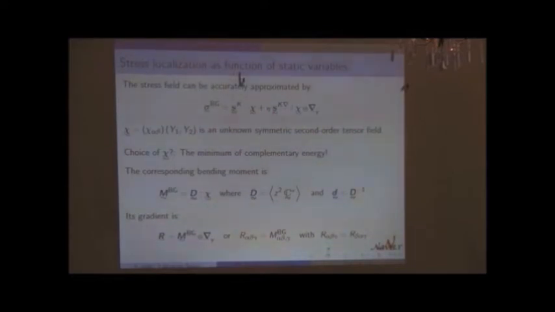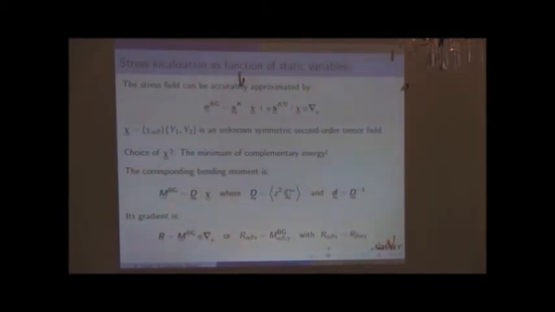Otherwise there is no hope this will be compatible and that I can apply the minimum of potential energy. In the end, I will have to use the minimum of complementary energy because I choose to deal with the stress. So I will perform a change of variable.